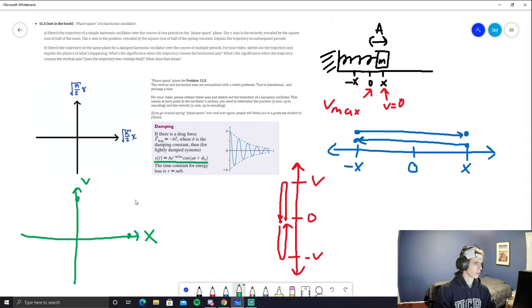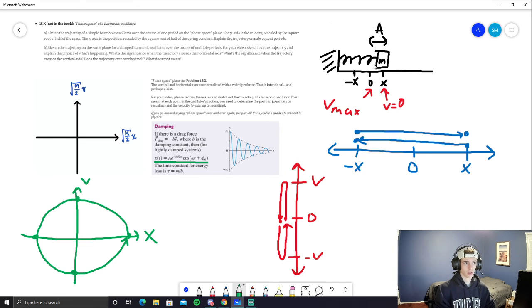Here we'll have our maximum velocity and 0 x. And then we'll have our 0 velocity again and negative x. And then here we'll have our negative velocity and our 0 x. If we connect all these, we'll just get a circle. And that will continue on subsequent periods.